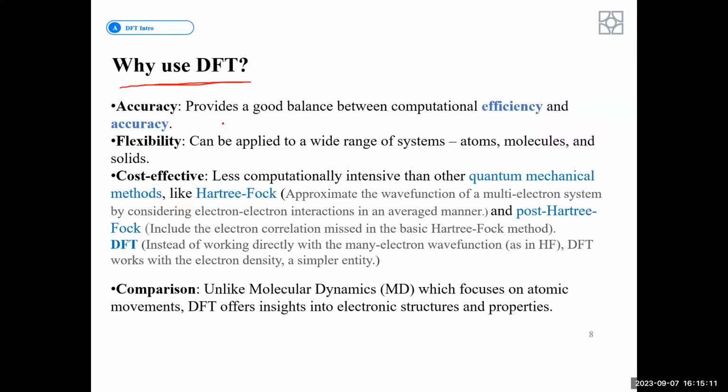So DFT provides a really good balance between computational efficiency and accuracy. Because the Schrodinger equation is really difficult and complicated to solve, DFT can give you an alternative way of understanding and solving the Schrodinger equation. So you can understand and get a kind of prediction of what's actually going on in your system.